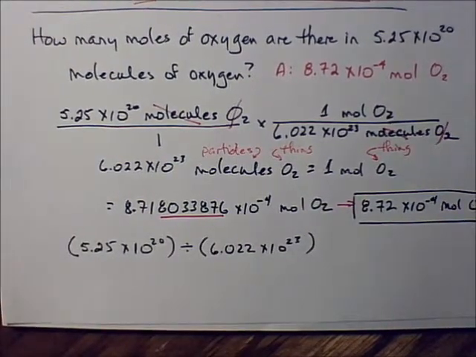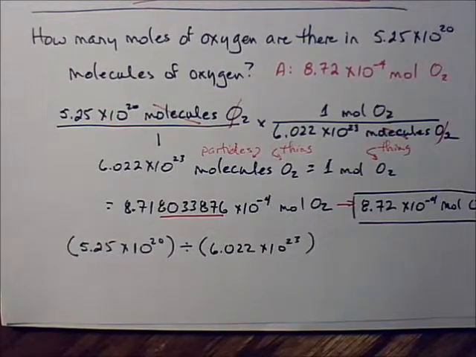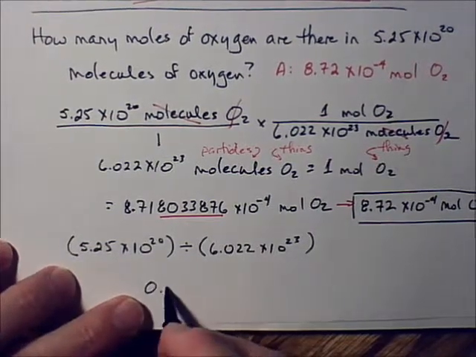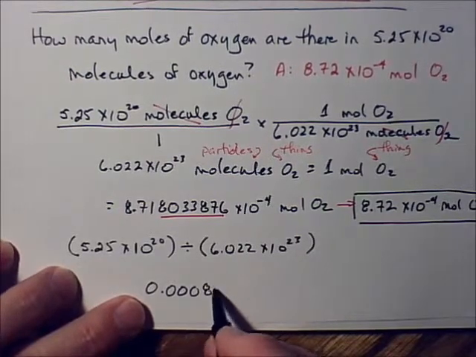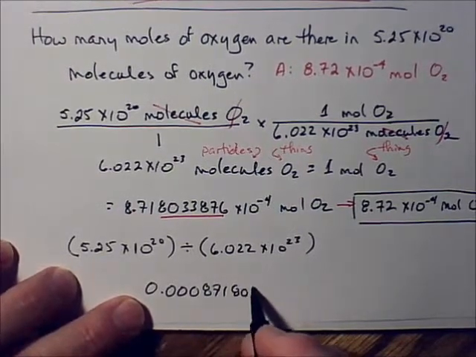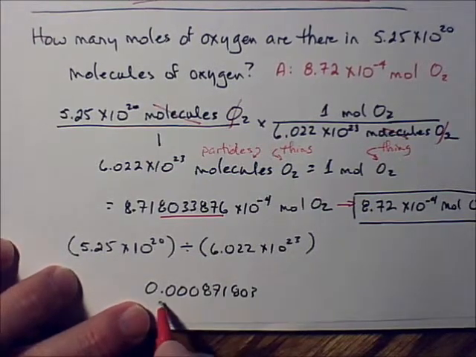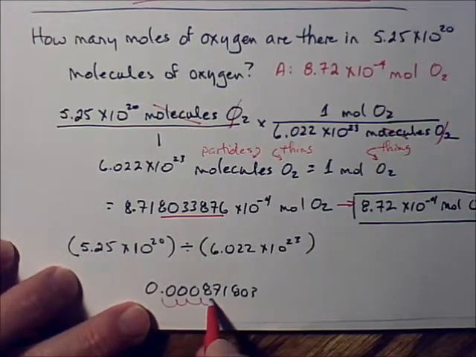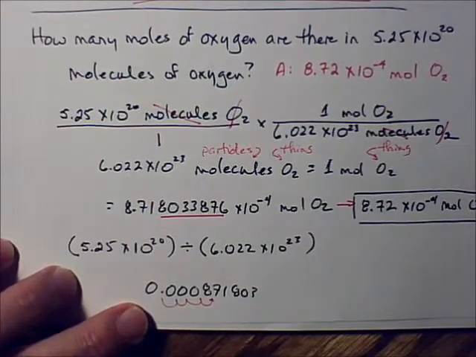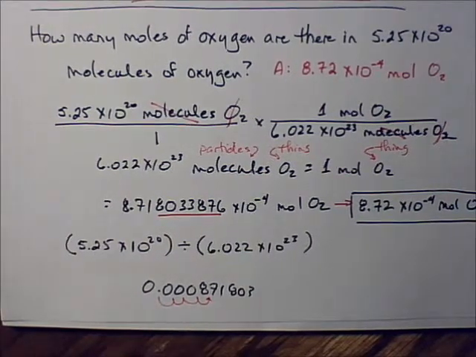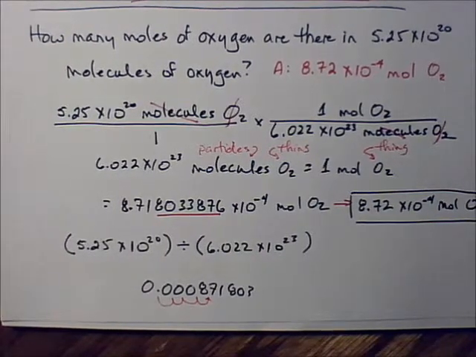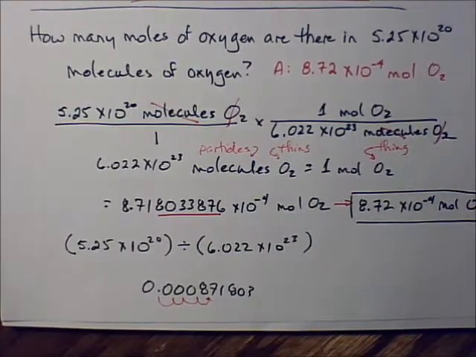You still not getting the right answer? Same thing. Okay. If you got this, 0.000871803, etc., let's move the decimal place 4 places to the right. 1, 2, 3, 4. There's 10 to the negative 4th right there. Now, here's how you can fix that. I bet somewhere on that calculator you've got a way of changing from standard notation to scientific notation.